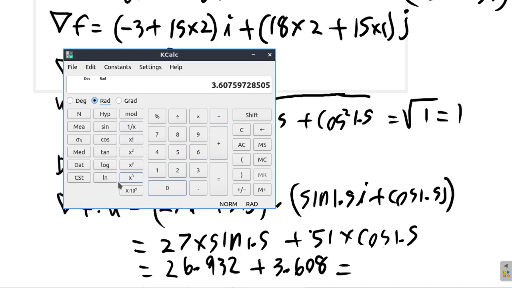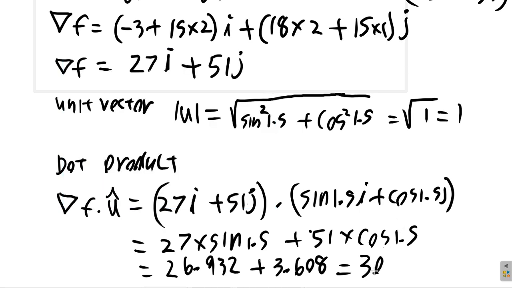So you have 26.932 plus 3.608 equals 30.54. 30.54. And that is your directional derivative.